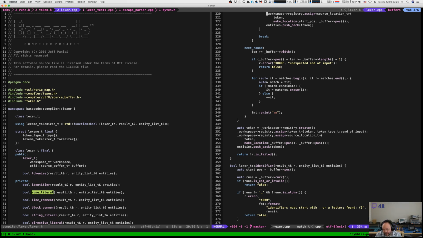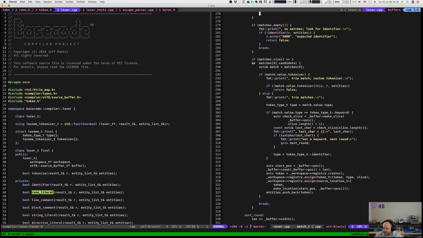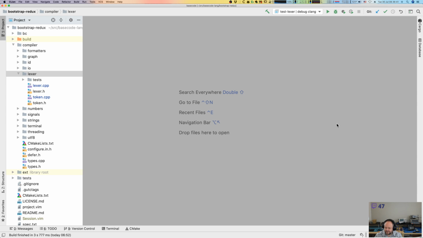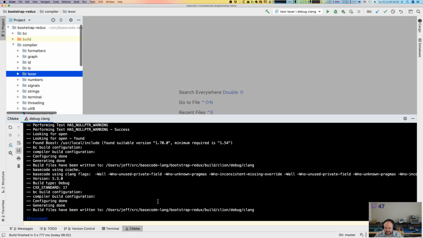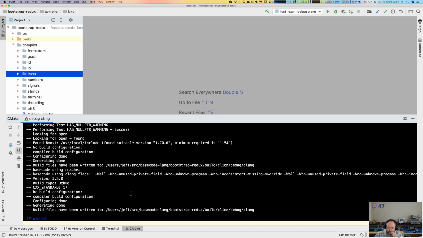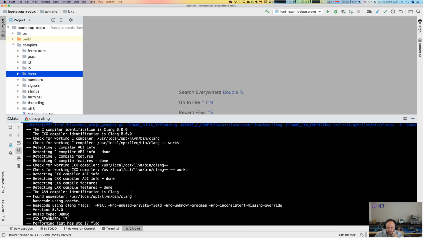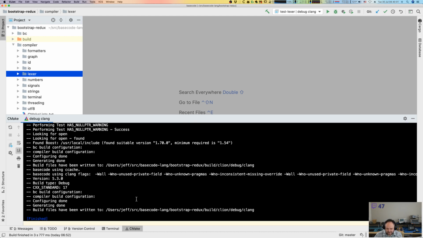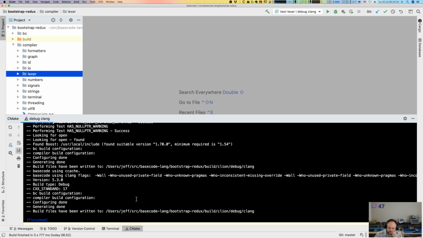So anyway, I wish they would fix that stuff. The other thing that's really interesting about CLion, which I don't understand either, is their CMake stuff. It seems broken. Sometimes if you ask it to regenerate, it will regenerate multiple times. I'm not entirely sure why it does that.